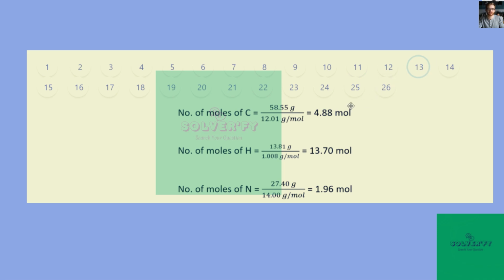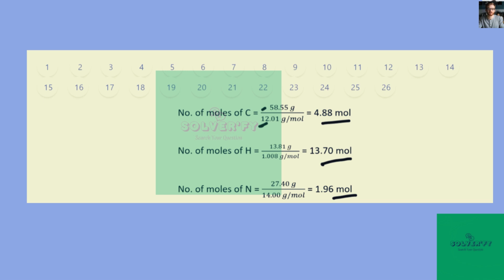Now we will find the number of moles of each element. The same way, we divide each mass by its molar mass to get the number of moles. Here is the number of moles of carbon, here is the number of moles of hydrogen, and here is the number of moles of nitrogen.